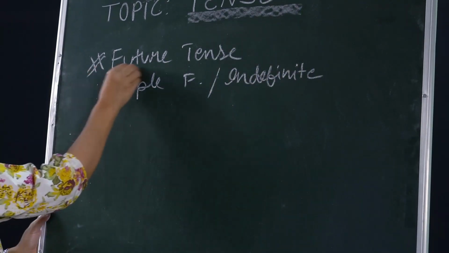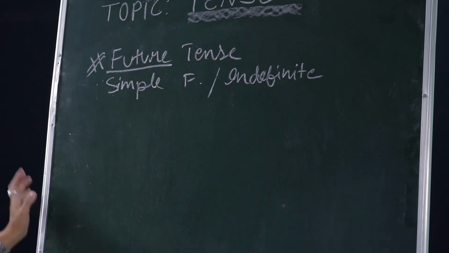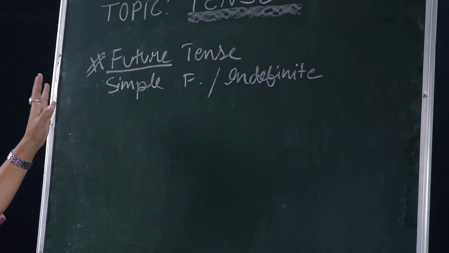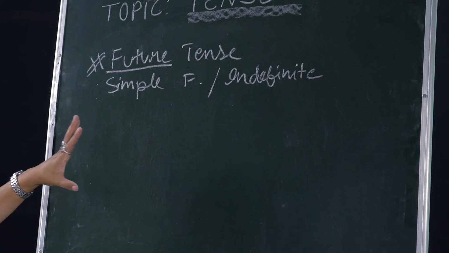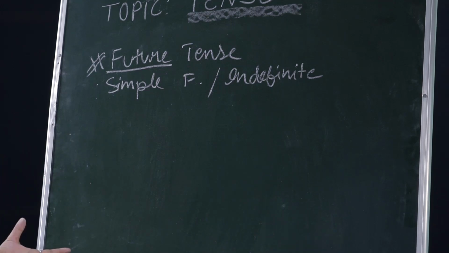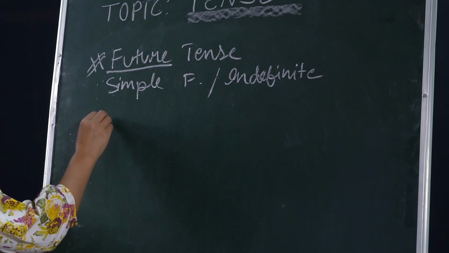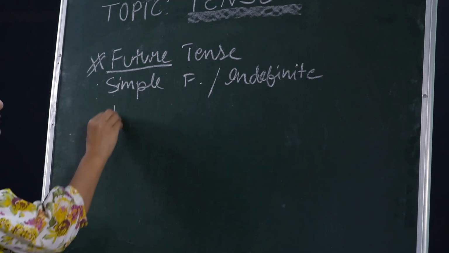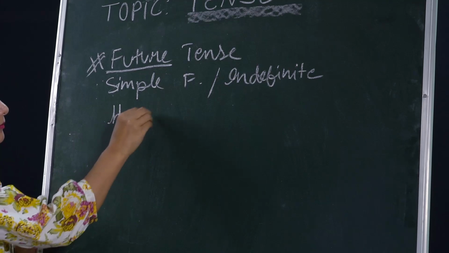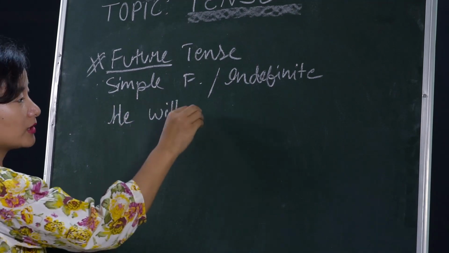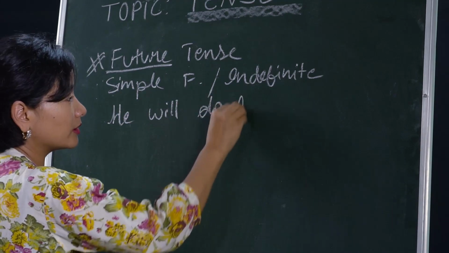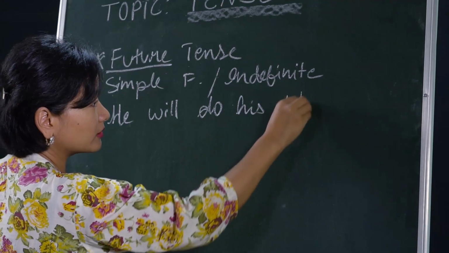In this case, remember, in the earlier part of our class, we learned that we need a helping verb that is will or shall. If you see that, it means it is in the future tense. So now, he will, let's say, do his homework.